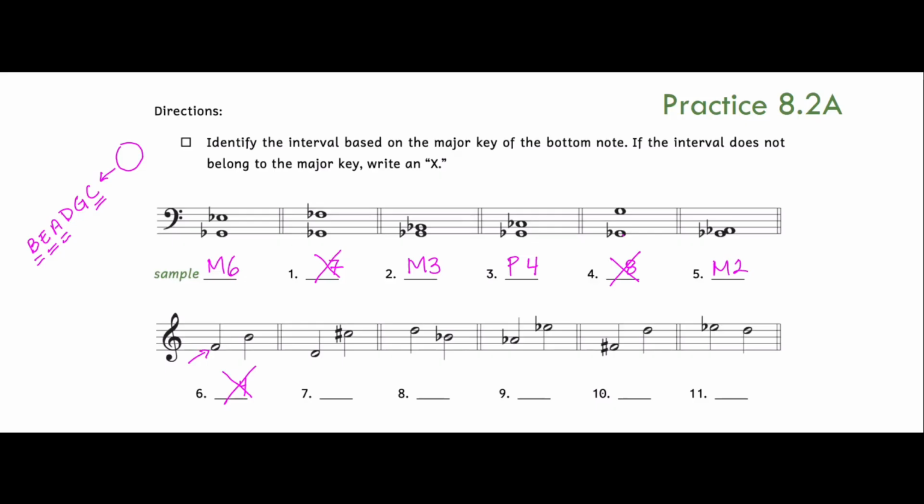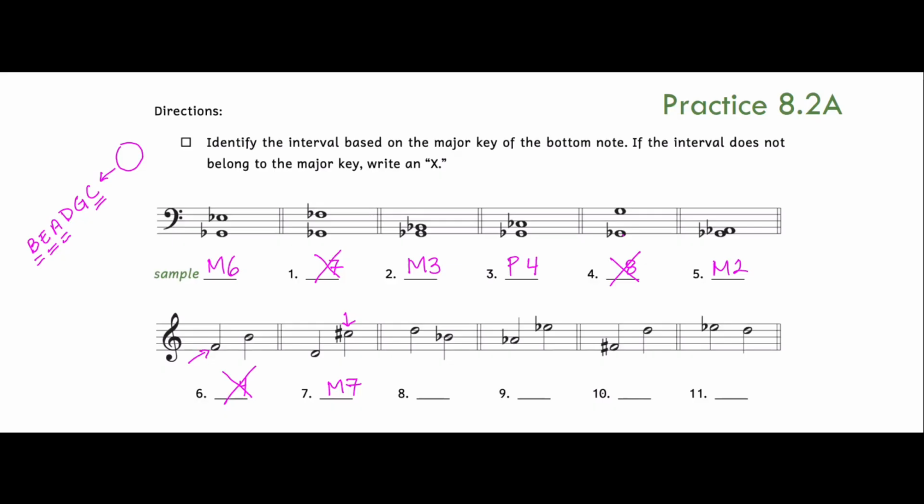Number 7, we have a 7th, and the bottom note is D. The key signature of D major has 2 sharps, F sharp and C sharp. We have a C sharp here, so this exists in D major. That makes this a major 7th.